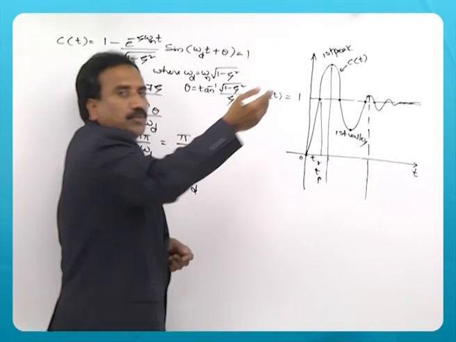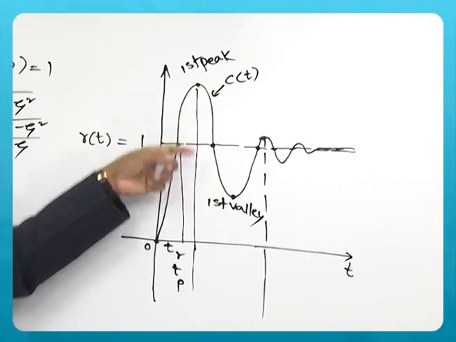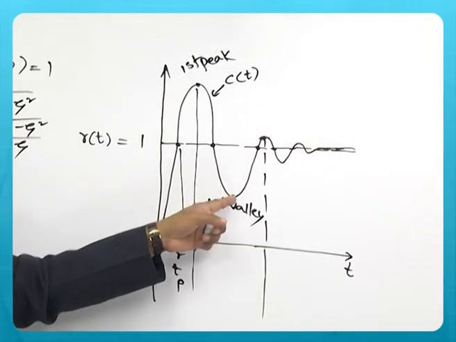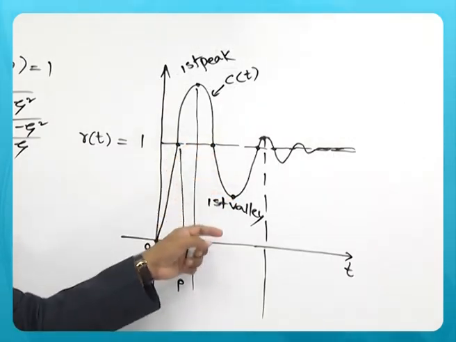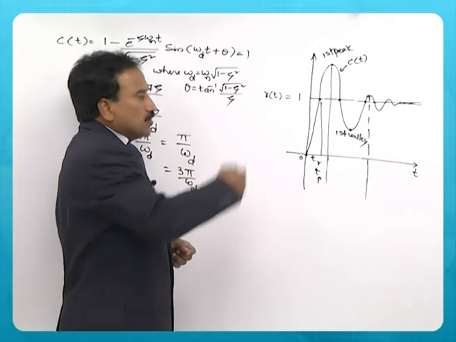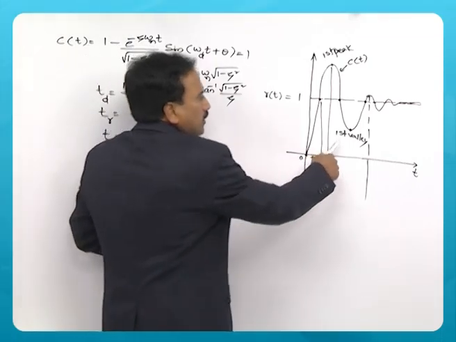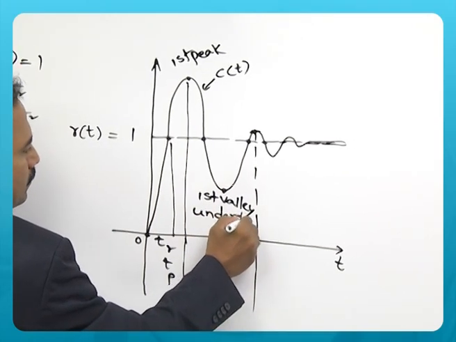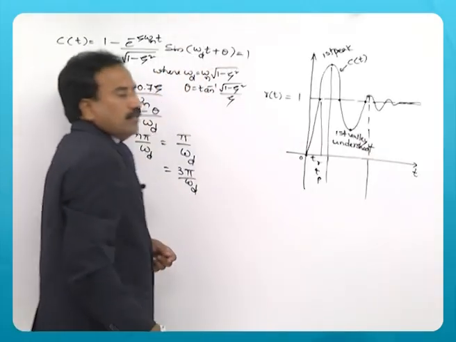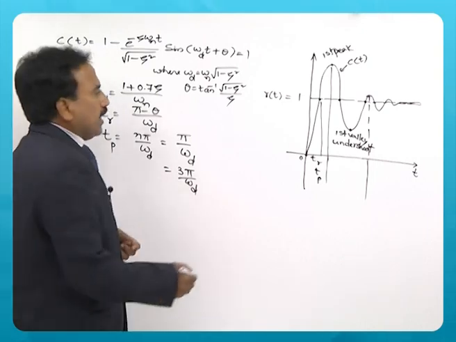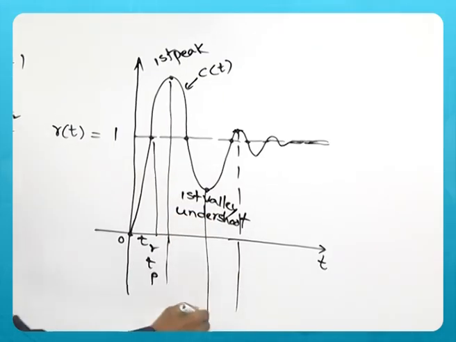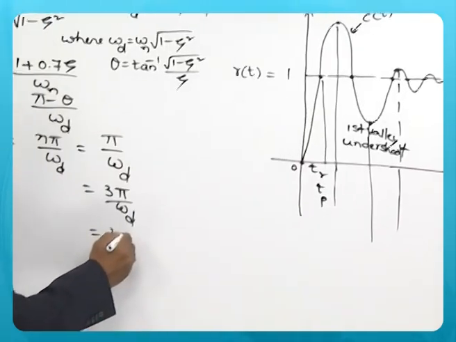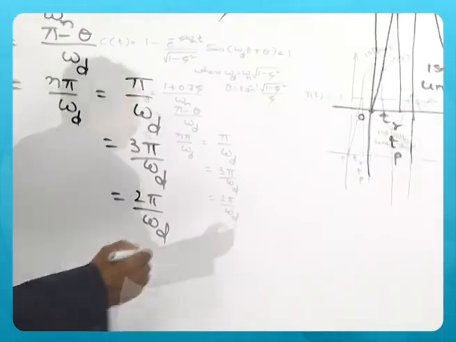It is called overshoot because the response is beyond the steady state value, and undershoot or valley because it is less than the desired value but it is going to the lowest. That's why it is called first valley, or peak undershoot. So if the question asks for the time for the first valley, that first peak undershoot, then it is given by 2 pi by omega d.